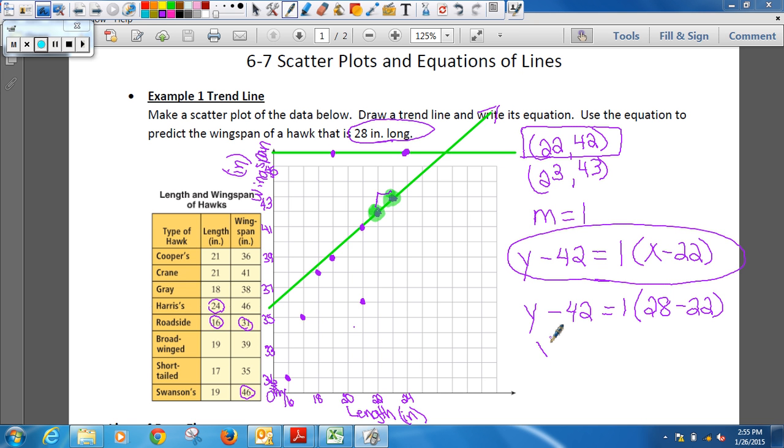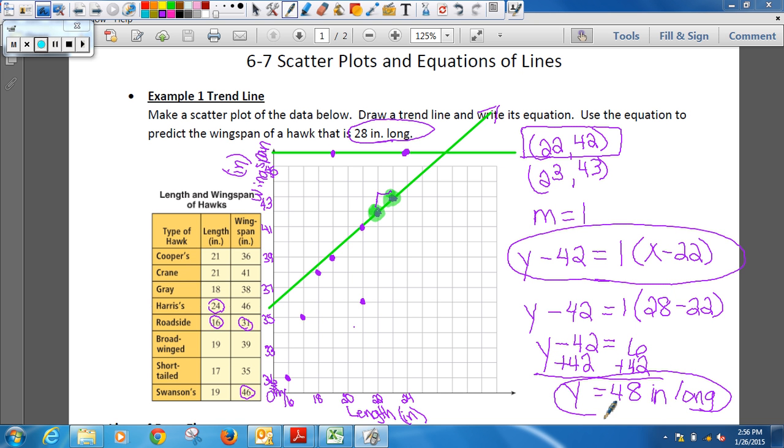If I simplify, I have y minus 42 equals 28 minus 22 is 6, times 1 is 6. I'm going to add 42 to that, and I have y equals 48. So my prediction would be that the wingspan would be approximately 48 inches long.